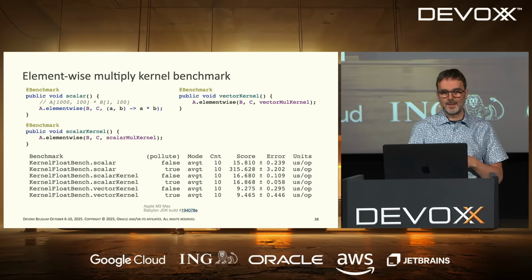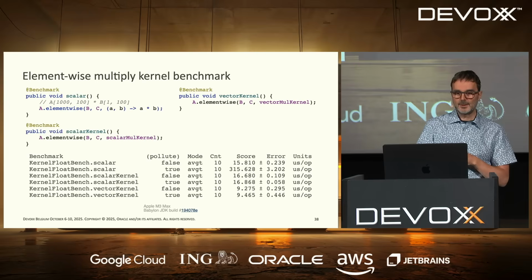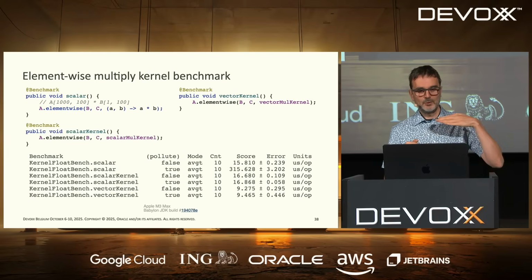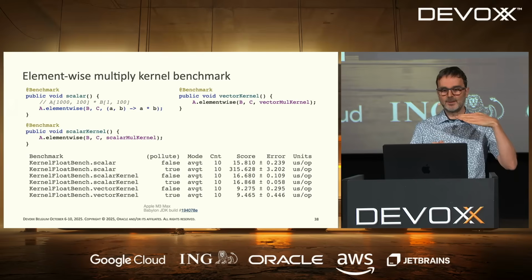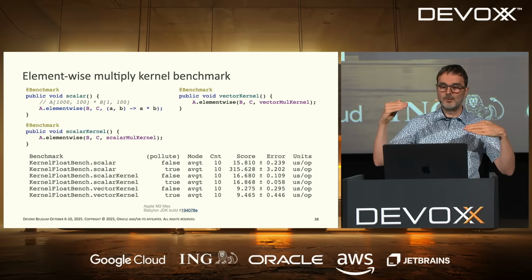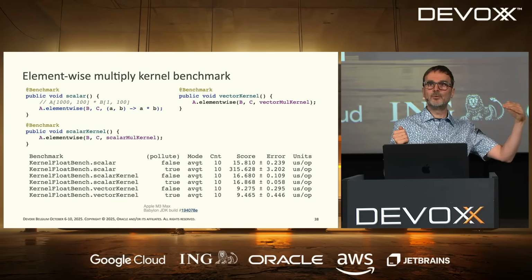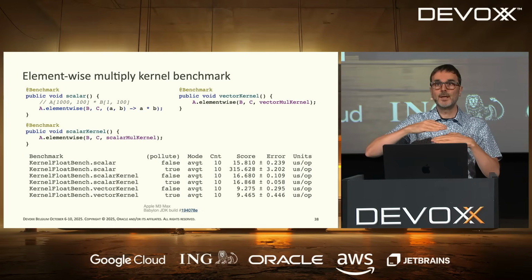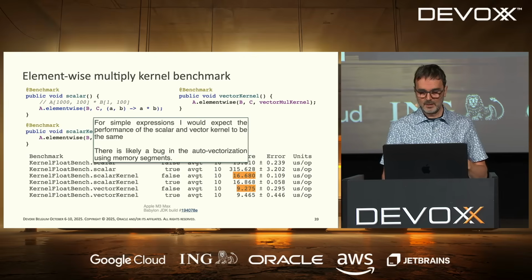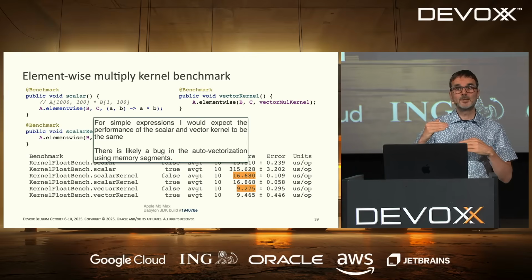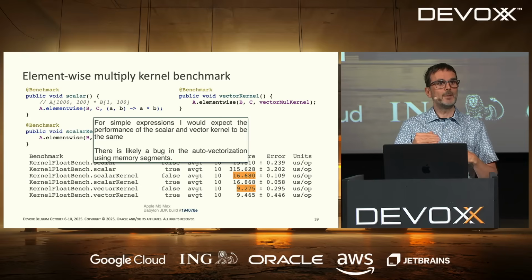So performance is actually quite good in this case. Again, I'm using the example I showed before, but now I have a scalar kernel and a vector kernel. The vector kernel is the code I showed before, but you can also run a scalar kernel without the vector API, like so. The scalar kernel and the vector kernel should perform the same way.